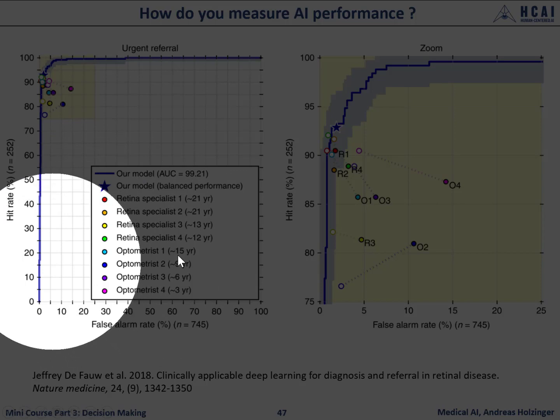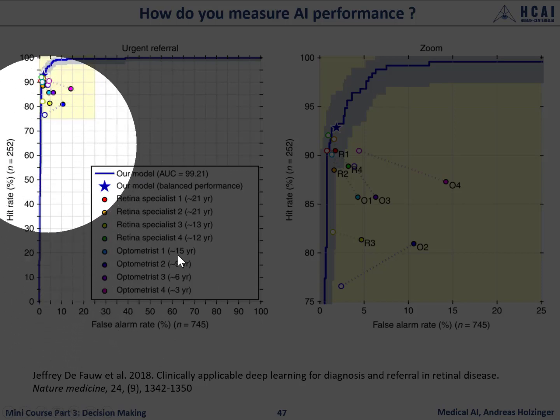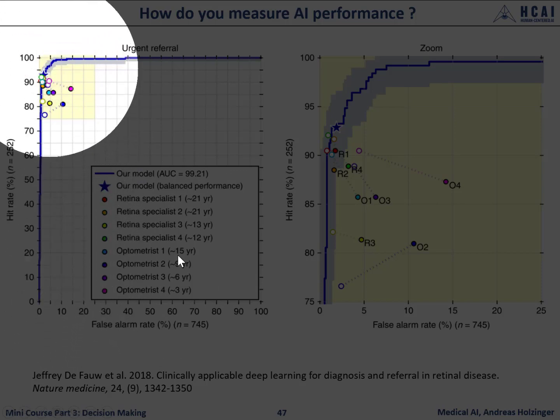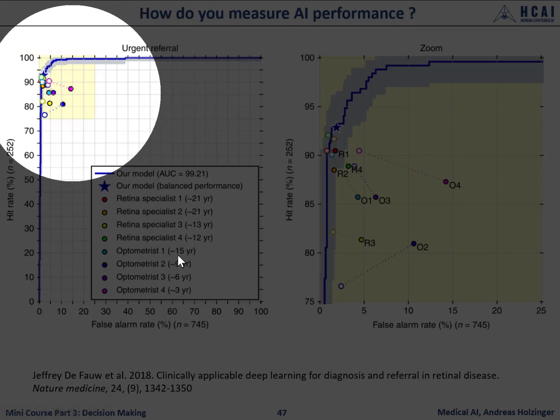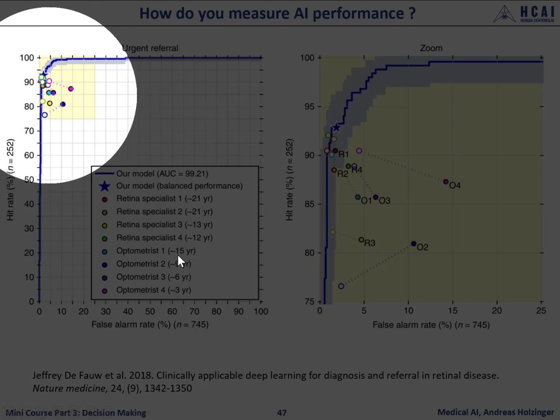And here then you have this blue line, and this blue line is the performance of the algorithm, and these dots are the performance of the human participants in this study. You see here the humans are close on this line, but here the humans are not as good, and we can now zoom in.